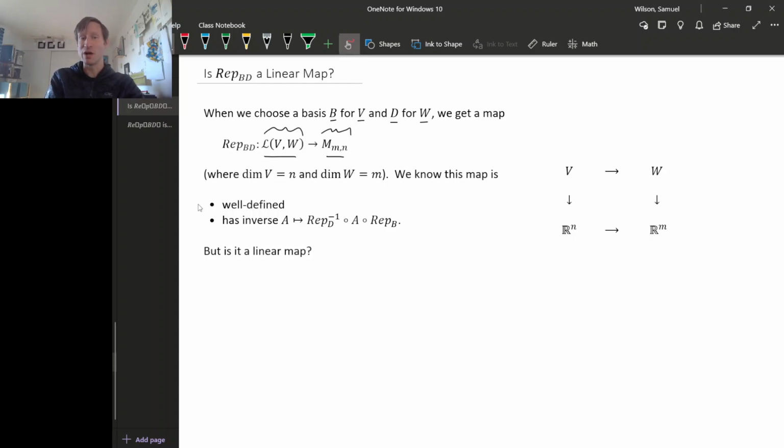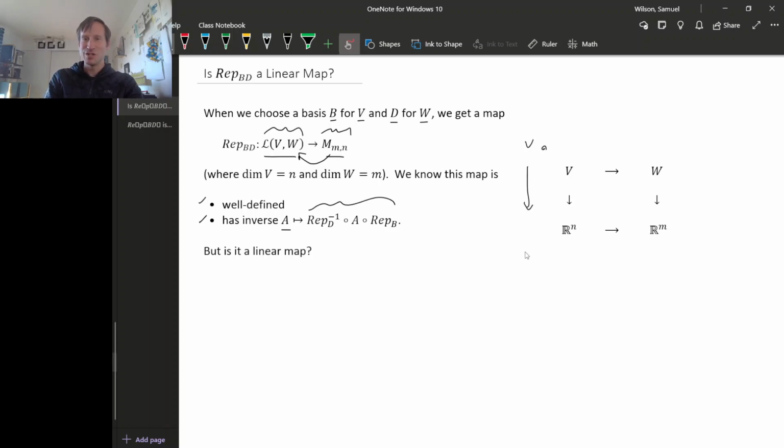We know already it's well defined, and we explicitly constructed an inverse map, so we know that there is an inverse. That inverse is the map that takes a matrix to this crazy thing here. Remember, this is the matrix. This is the linear map where you start up here with a vector.